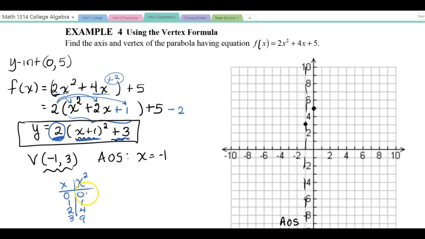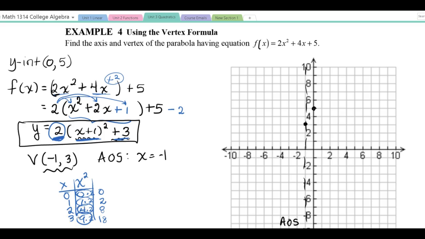Now this 2 is going to multiply these by 2. So we're going to have (0, 0), (1, 2), (2, 8), and (3, 18). Remember, I'm multiplying the y values times 2, and that's how we're getting those numbers.